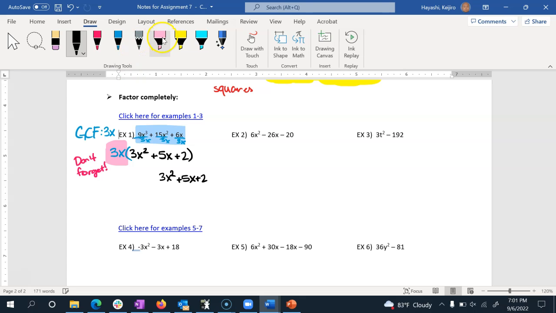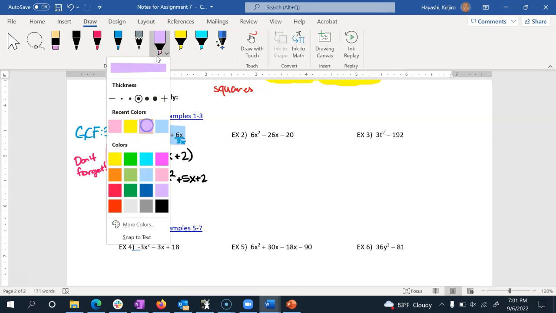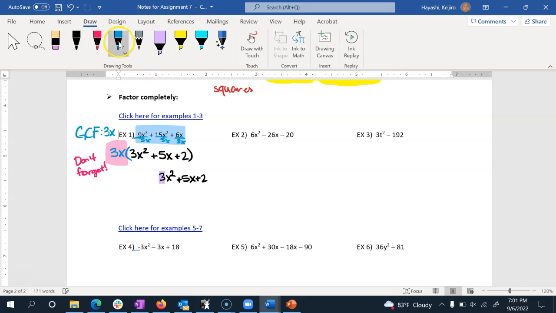Now this is one of those slide and divide trinomials, it looks like. If you slide that 3 to the back, it's going to give you x squared plus 5x plus 6. This is getting kind of crowded.